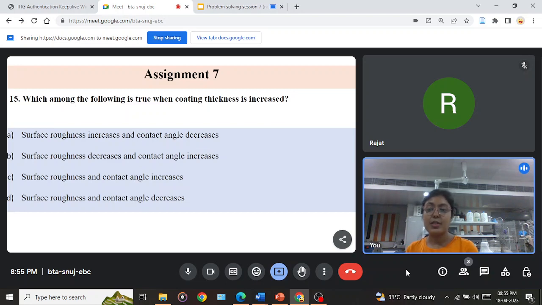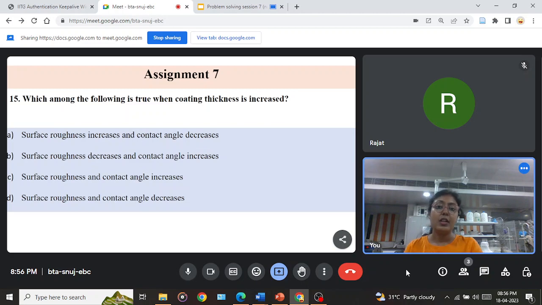The options here are: A, surface roughness increases and contact angle decreases. B, surface roughness decreases and contact angle increases. Option C, both the surface roughness as well as contact angle increase, whereas option D, surface roughness as well as contact angle decrease.